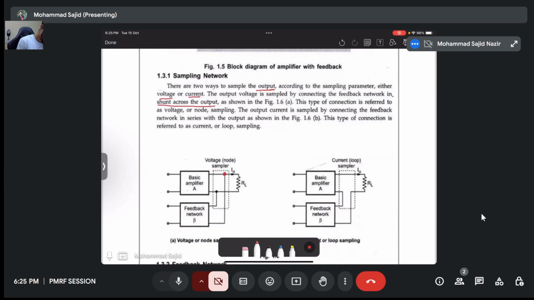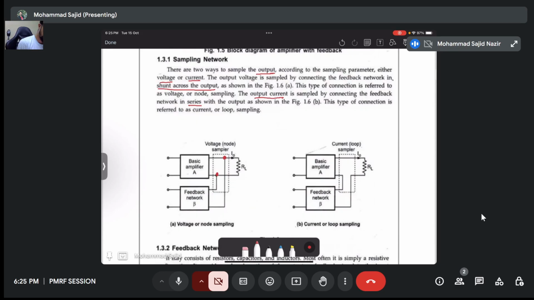See here. When you connect your network like this in shunt, you can get a feedback voltage. And output current is sampled by connecting the feedback network in series, like this, as the current flows through. So this is the sampling network connection.